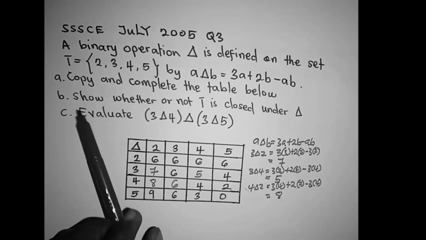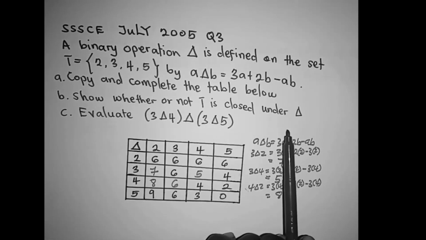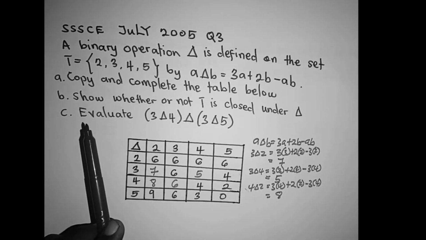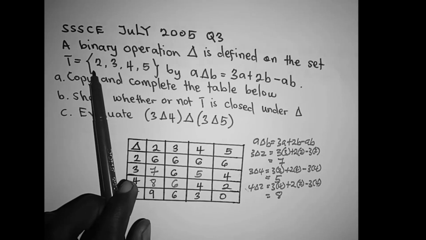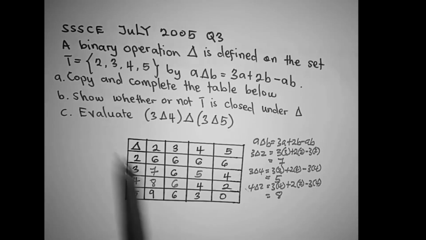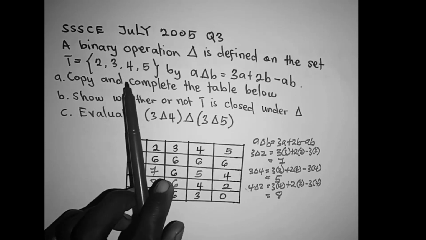Now, the B part is saying we should show whether or not T is closed under the operation. Now, T is closed if all the members that we have here are all members of the set T. So if we find any member here which is not part of the set T, then T is not closed.